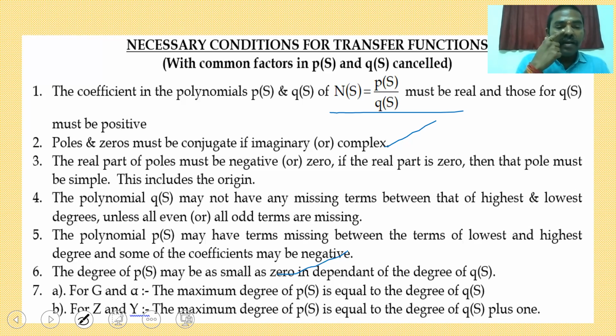Similarly for G and alpha transfer functions, the maximum degree of P of s is equal to the degree of Q of s, and for Z and Y, the maximum degree of P of s is equal to the degree of Q of s plus 1. So it is almost similar to your driving point impedance only. Then coming to the problems.